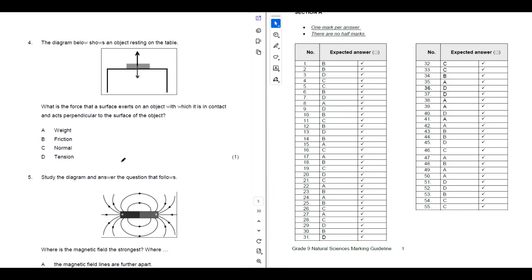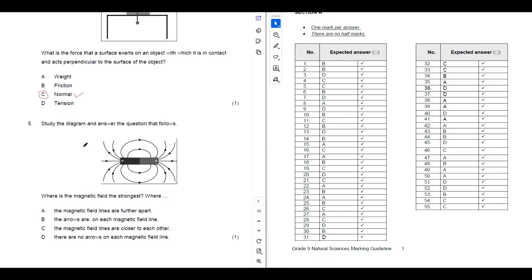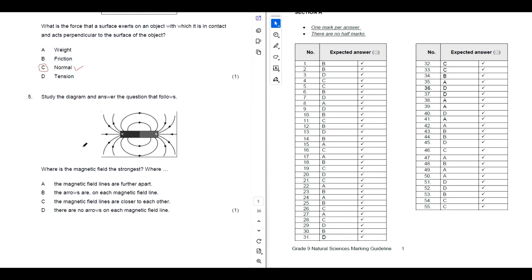If we check our answer, we can see that the correct answer is C, which is normal. Reading the question again: the force that a surface exerts on an object with which it is in contact and acts perpendicular to the surface of the object. The answer is C. And then next, we will move to question 5.